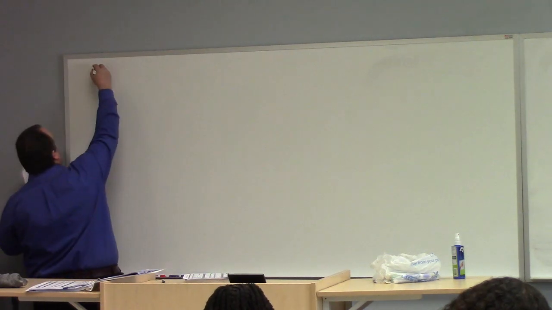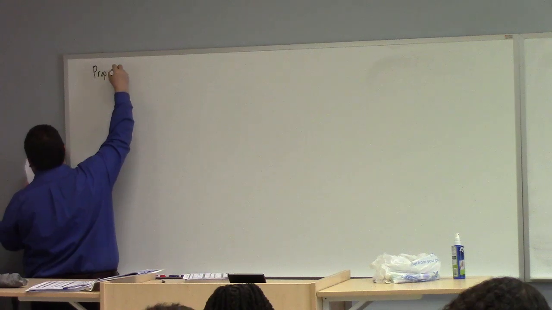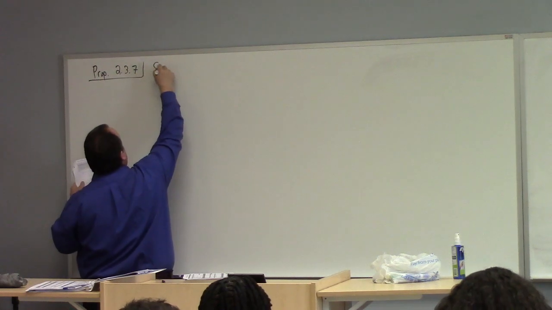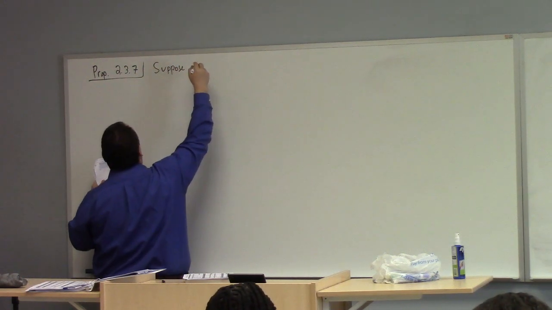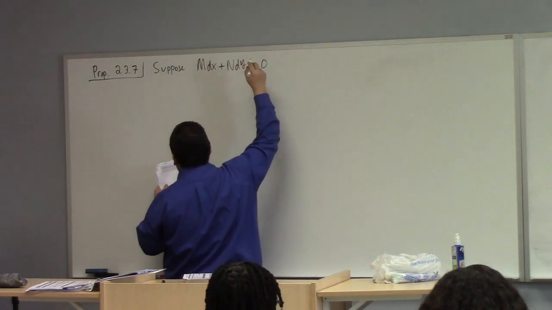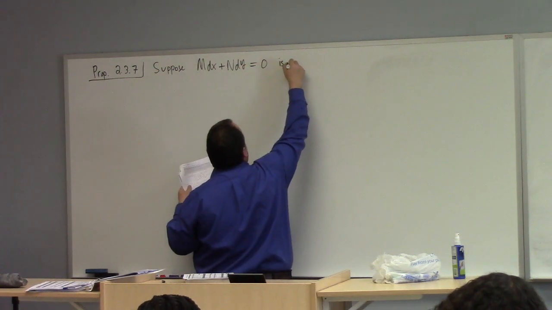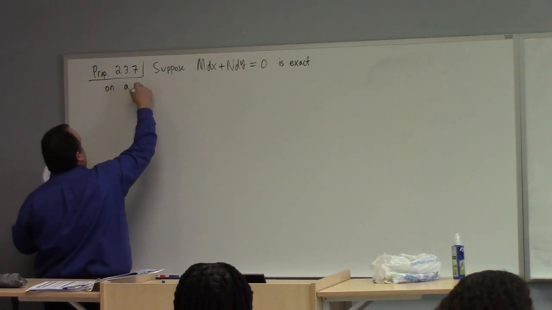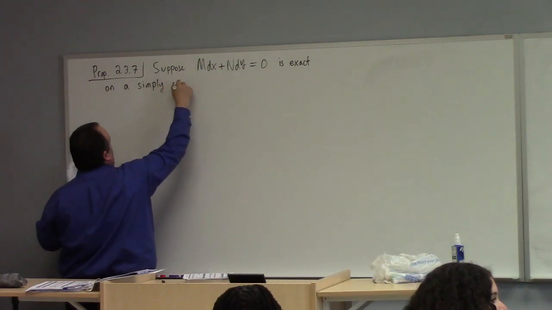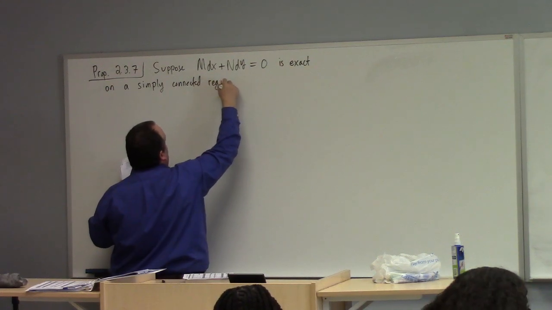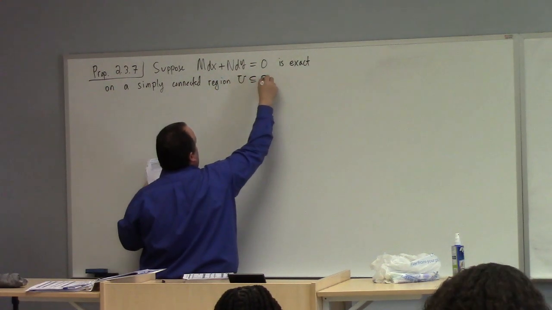This is from page 23 of my notes. This is Proposition 2.3.7. Suppose we've got M dx plus N dy equals 0. Suppose that is exact on a simply connected region U, which is a subset of R2, okay?